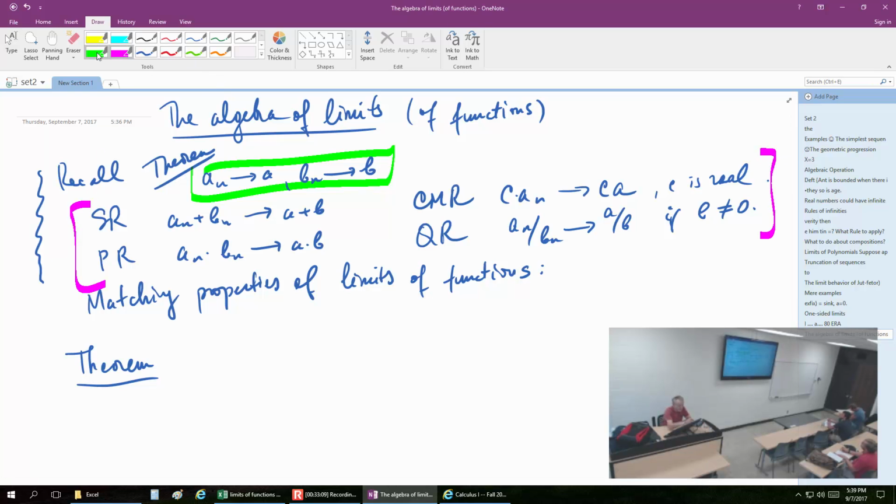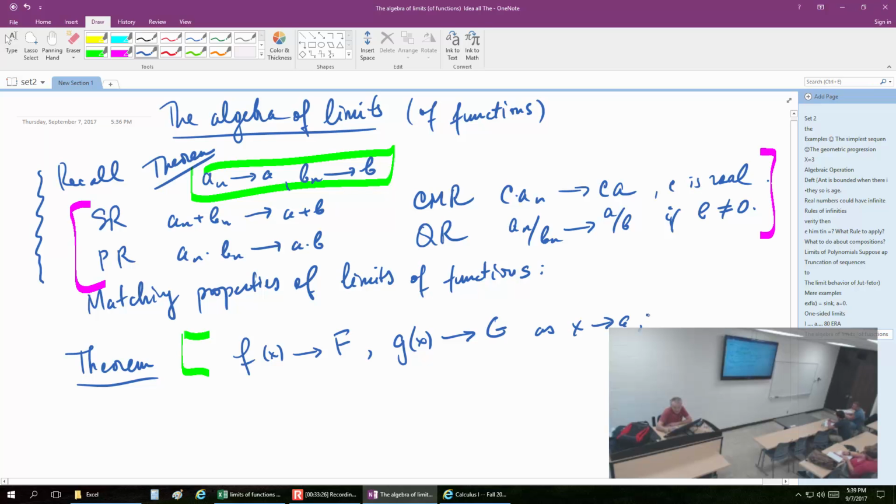And similarly, we also have to start with specifying that the limit exists in the first place. So f of x goes to F capital, and g of x goes to G capital, as x approaches a, or x approaches a minus, x approaches a plus. So all the three possibilities we take care of, because we have right now 3 types of limits of functions.